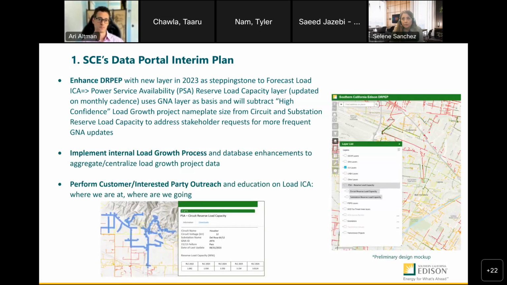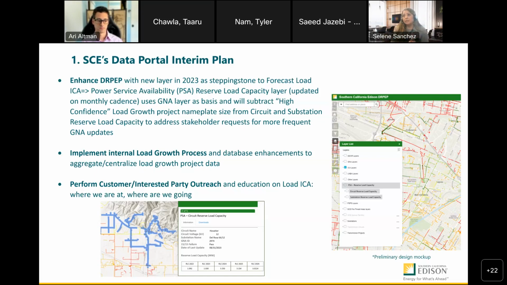So in the interim, the first immediate update that we could provide is updates to our DRPEP portal. In this portal, we're instantiating a brand new layer called the Power Service Availability Layer, also known as PSA. This layer is going to have two components. It'll provide some aspects at the substation level, and then break it down at the feeder head level.